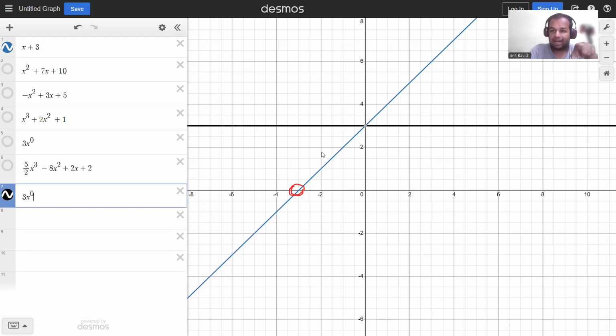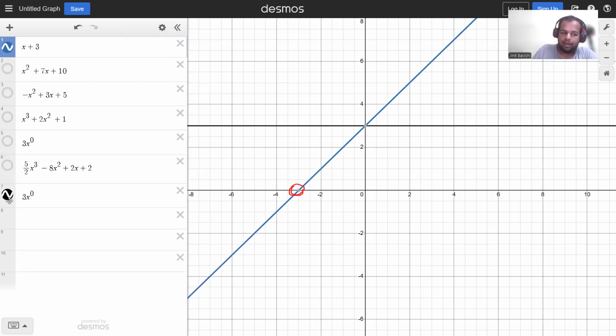And you can see a black line going there. This line is not intersecting the x-axis at all. This is the second example I told you about. Technically this is not a linear polynomial, this is a zero polynomial. So here there is no zero at all. It does not have a zero for this particular question. A linear polynomial will have at most 1 zero, or sometimes it might not have a zero at all.